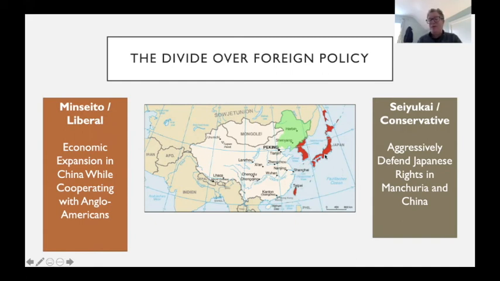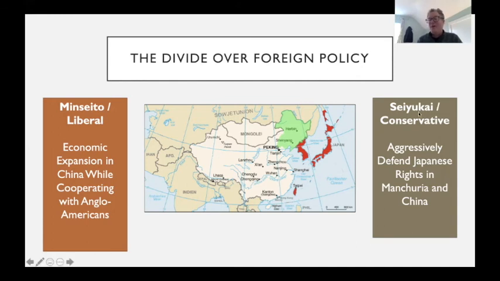But by the 1920s, after World War I, Japan has started to accept the rules of what's known as the Washington system. Japan has committed not to expand its imperial territory in China. But there's a big debate on what exactly Japan should do to make sure its interests are protected in the areas closest to its empire where it feels threatened.